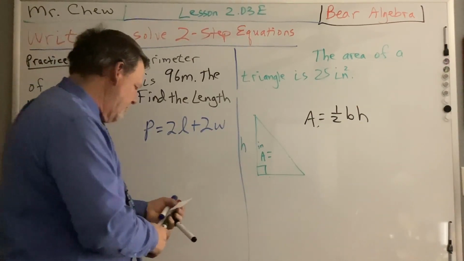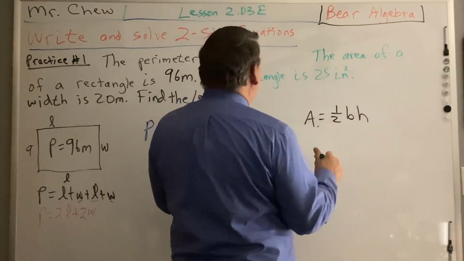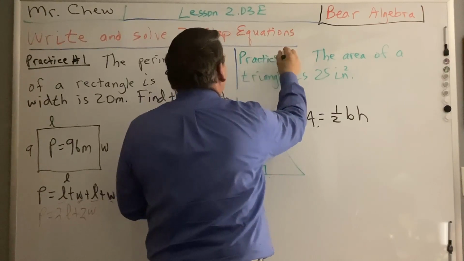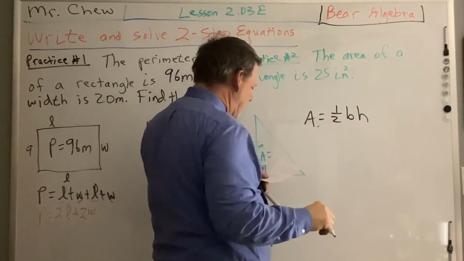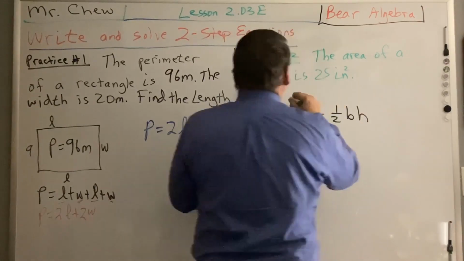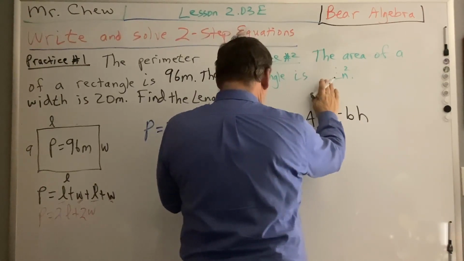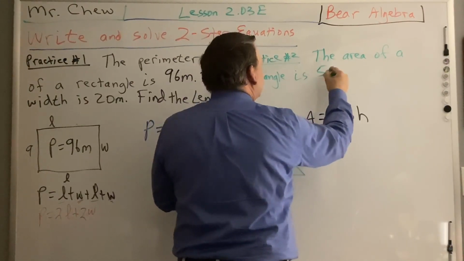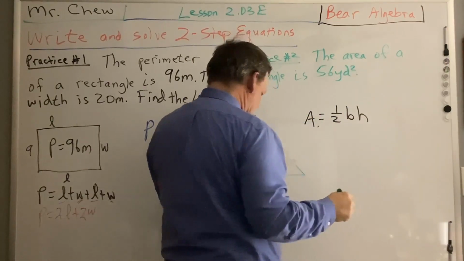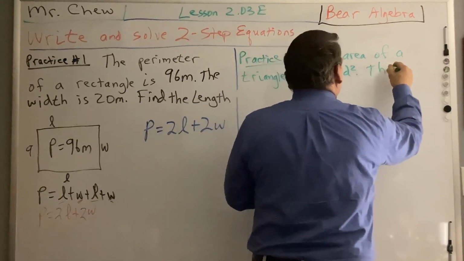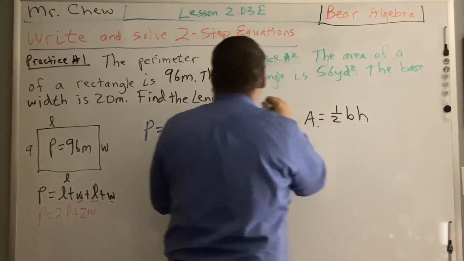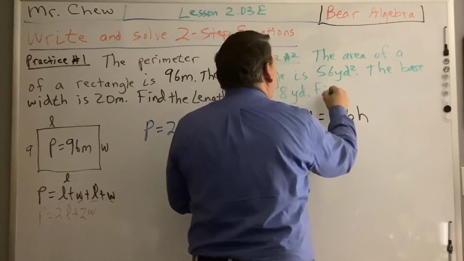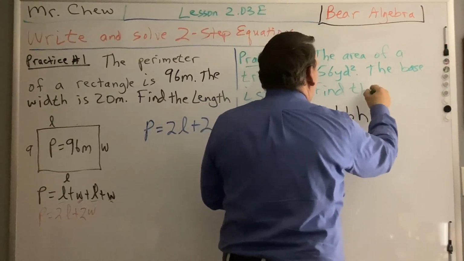The one with the triangle, it says this is practice number 2. And it says the area of a triangle is 56 yards squared. And it says the base is 8 yards. Find the height.